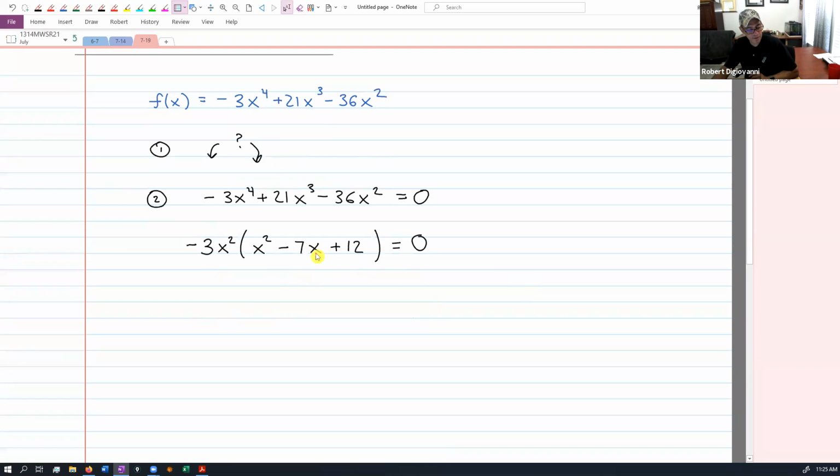Now in this parenthesis right here, we need to be able to do that little thing where we factor. So this is where you take the number back here, 12, and you take the number in the middle, negative 7, and you have to come up with 2 numbers that multiply to be 12, but add up to be negative 7. Can somebody tell me what numbers those are?